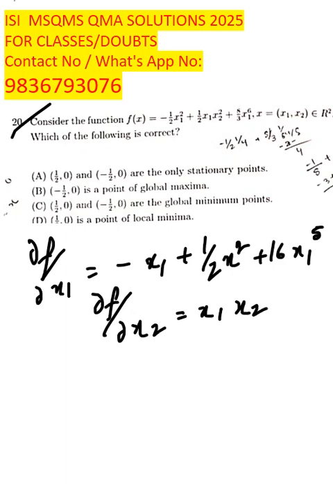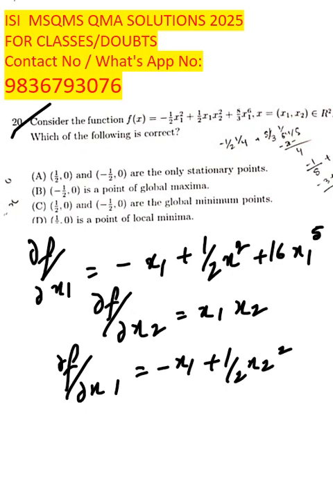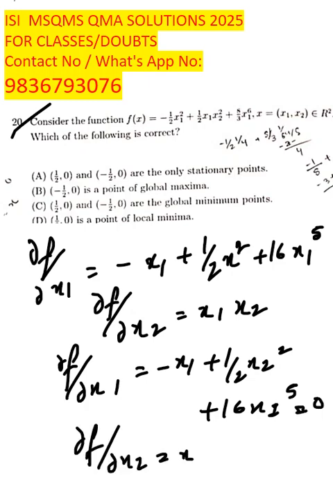Now first we'll set these to 0. So -x1 + 1/2 x2² + 16 x1⁵ is equal to 0, and x1 x2 is 0.